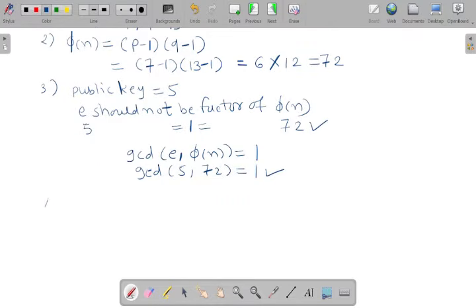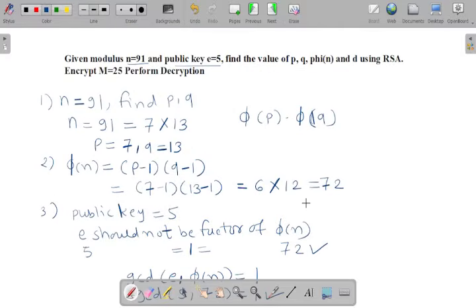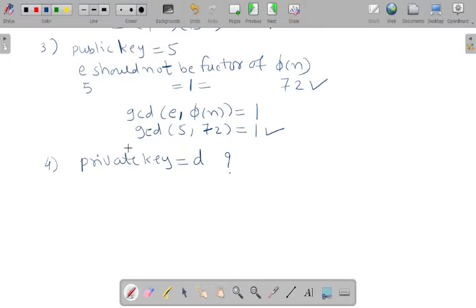So now we will go for calculating the value of our private key. The private key is D, which is not given in the example. So we have to find the value of D. We have already calculated the value of P, Q, and phi of n. Now we are calculating the value of D as per this formula: D into E mod phi of n equal to 1.